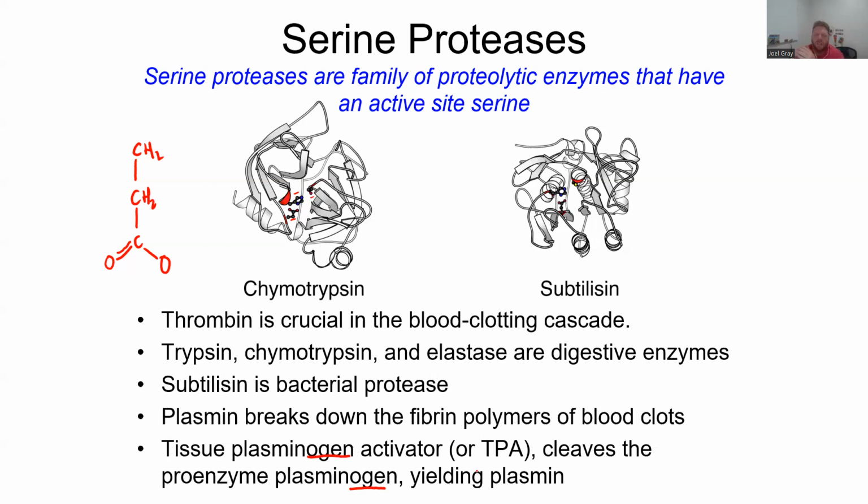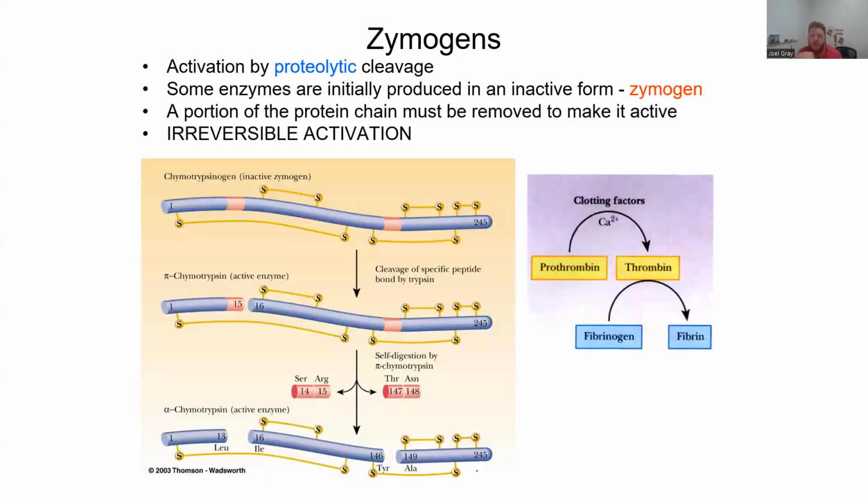Now, there are lots of different layers of regulation of enzymes and processes in a biological system. And one more layer to that is this class of molecules known as zymogens. Zymogens are basically inactive proteases.